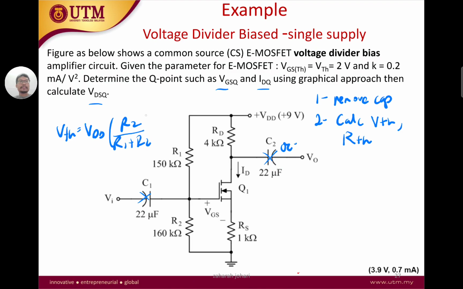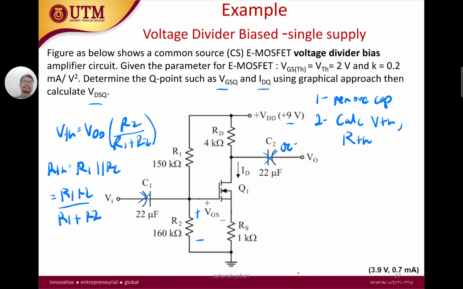It's basically a voltage divider where we are looking at the voltage across R2, and it's given by VDD, which is 9 volts, times R2 over R1 plus R2, and R1, R2 are given as 150 and 160 kilo ohms. Your RThevenin is simply R1 in parallel with R2, which equals R1 R2 divided by R1 plus R2.